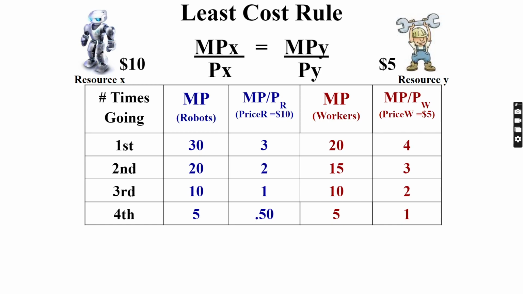So we're going to hire one worker, and then we see the next worker is $5, and that worker is adding 3. The first robot is $10, and it's also adding 3 marginal product per dollar. And so this firm is going to hire the second worker, which has a marginal product per dollar of 3, and then the first robot, which has a marginal product per dollar of 3 as well.